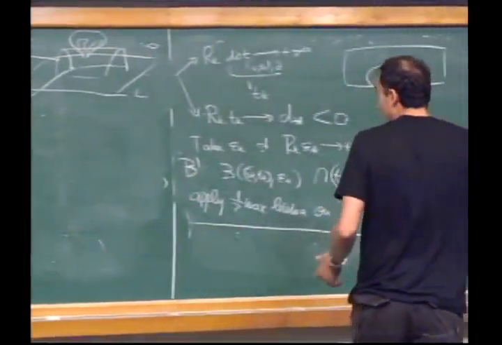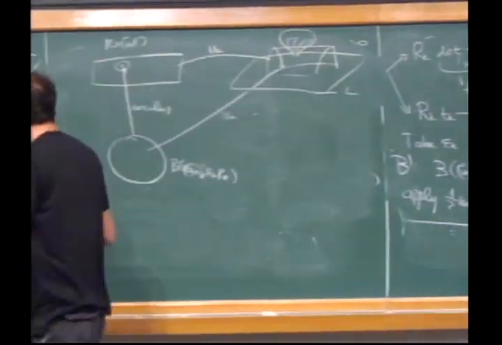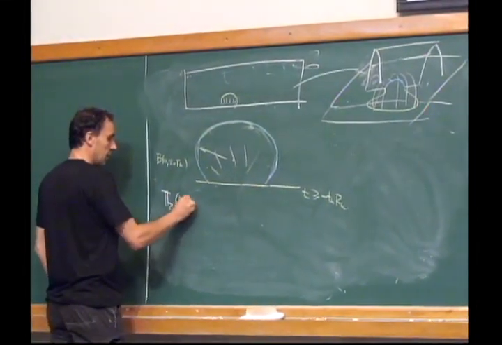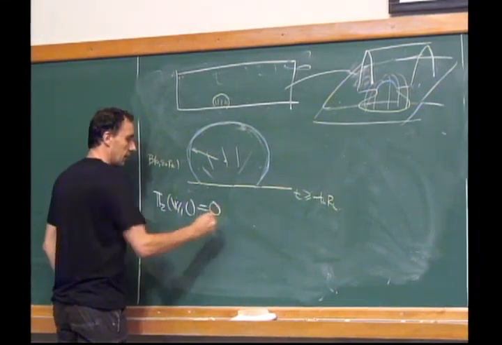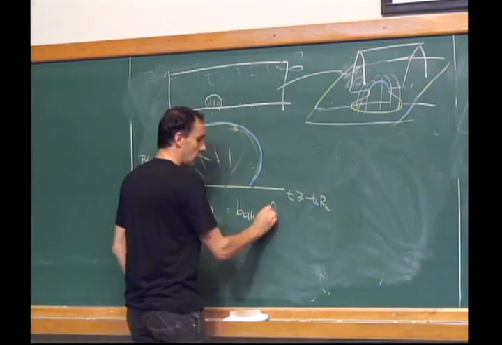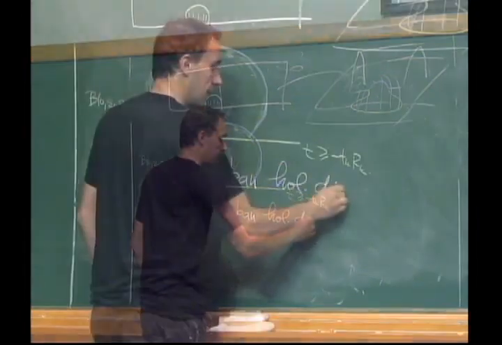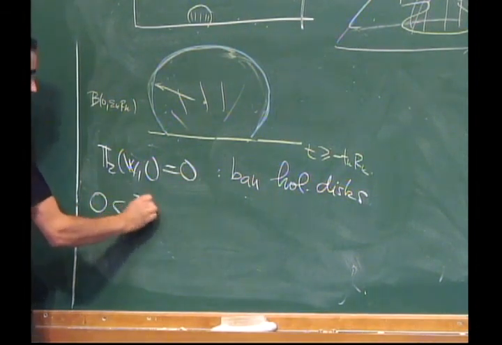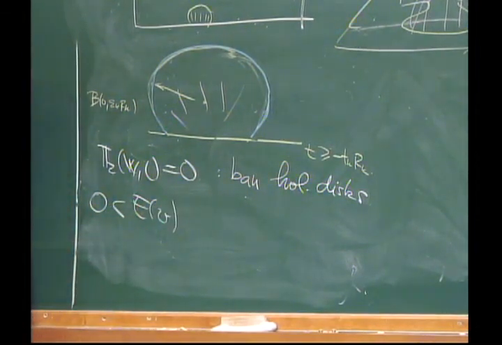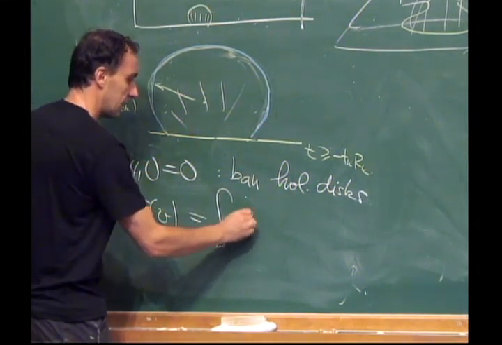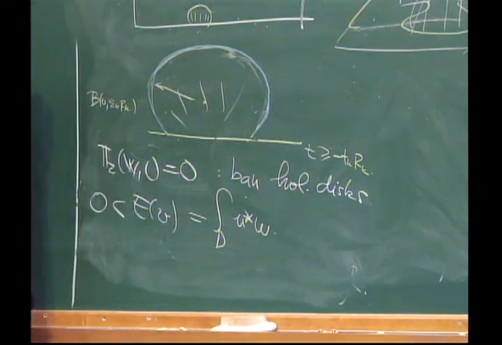Now I will finish with this remark. To get a contradiction here, again, we use this condition, which is good to ban holomorphic disks. We have a non-constant disk of positive energy, which is the same as the symplectic area.